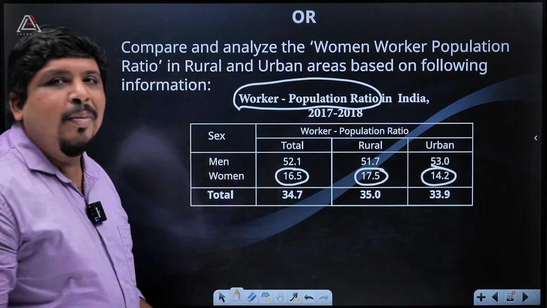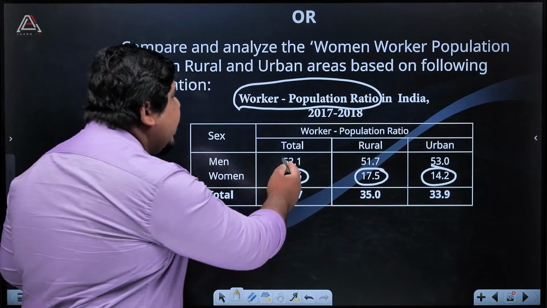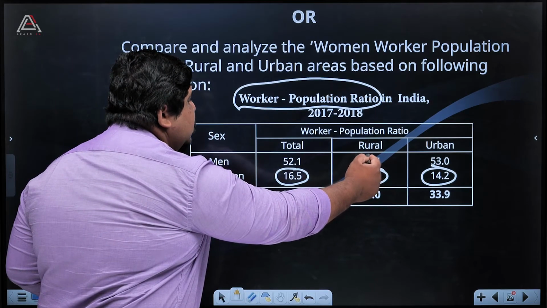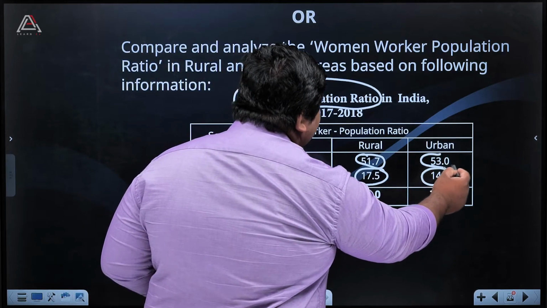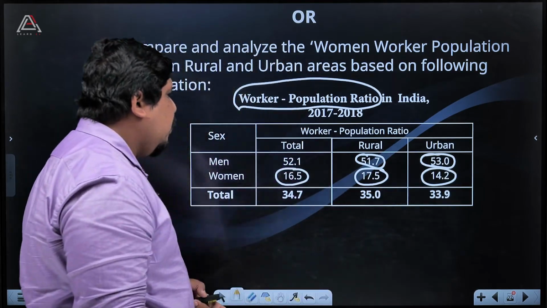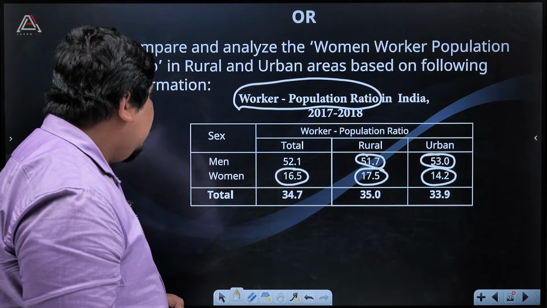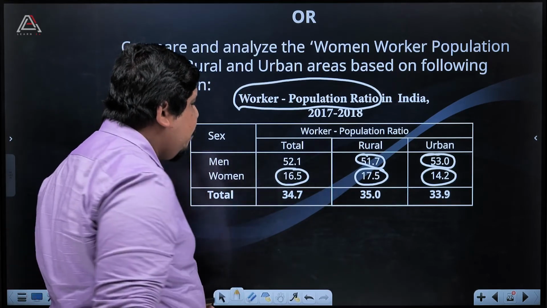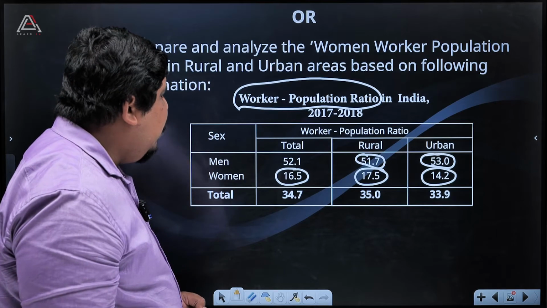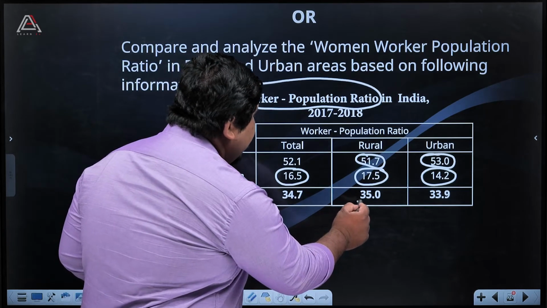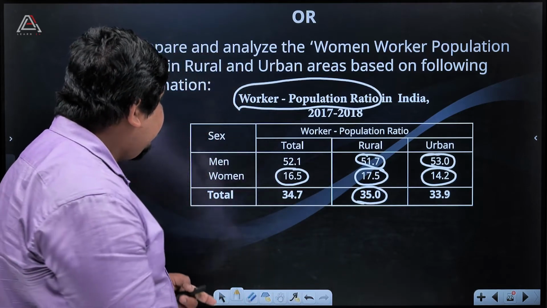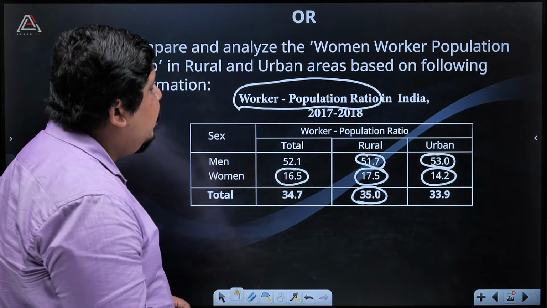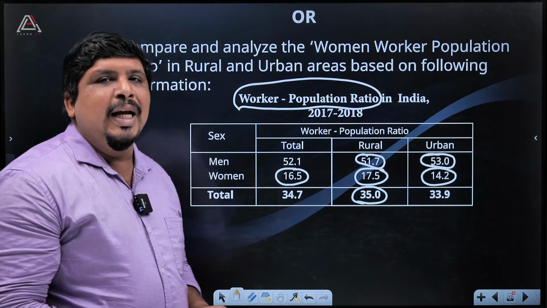Suppose the question is about men, we can write these points: rural 51.7, urban 53.0, then the total. Commonly we can say that the rural working population is higher than the total and the urban working population.